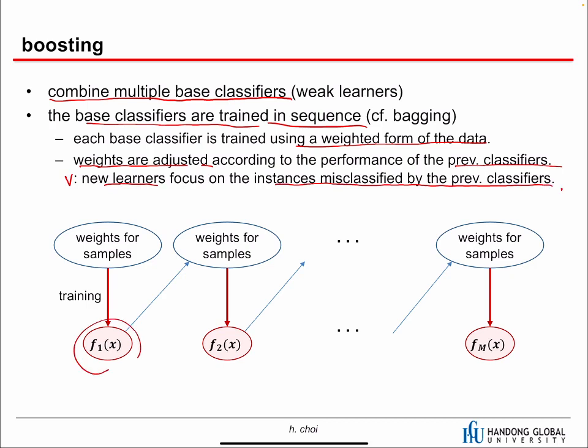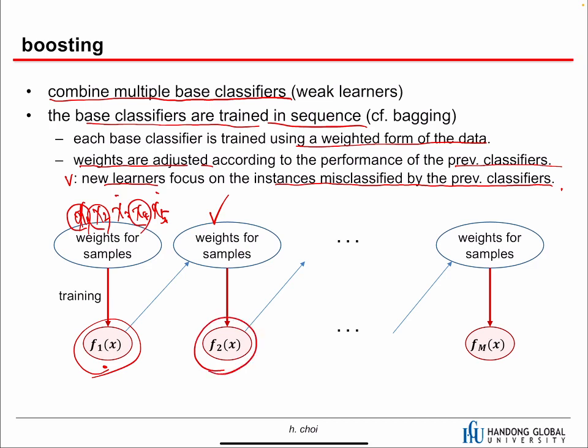So the first model is trained, and then we check the weights for the samples. Let's say we have x1, x2, x3, x4 and x5. The first classifier is perfect with some of these samples, but not x3 and x5, so we put more weight on x3 and x5.